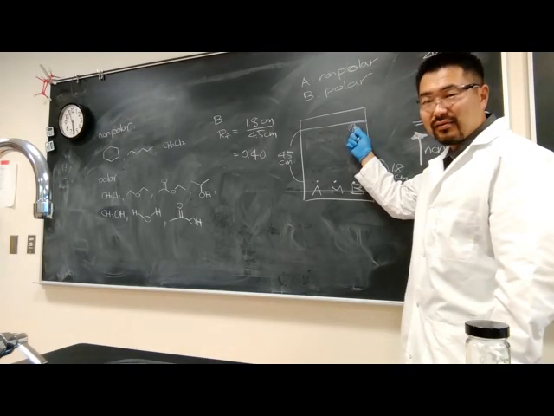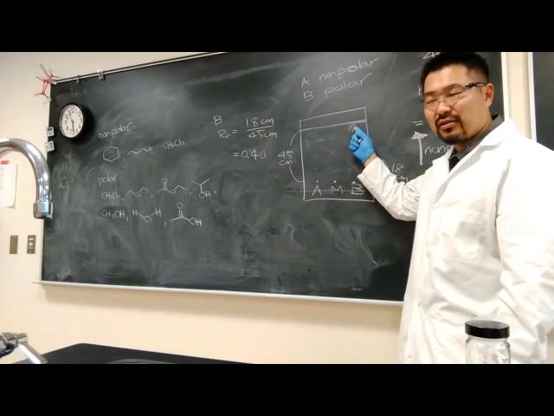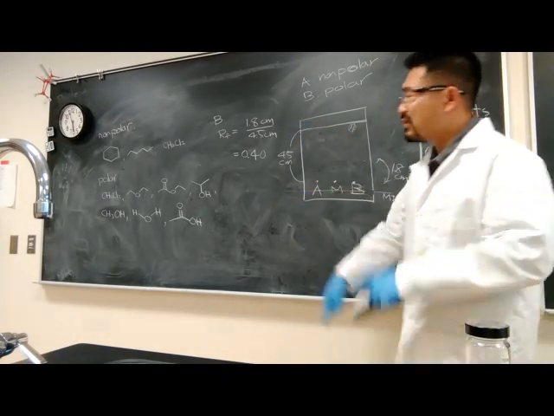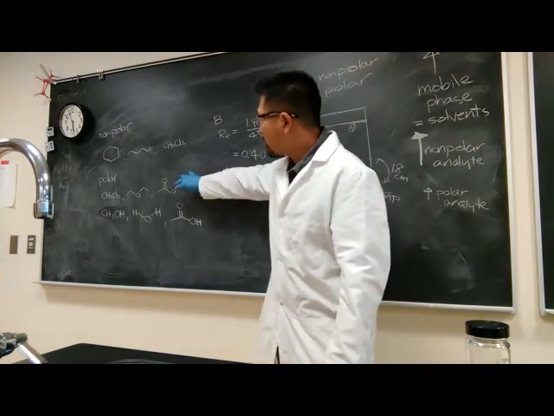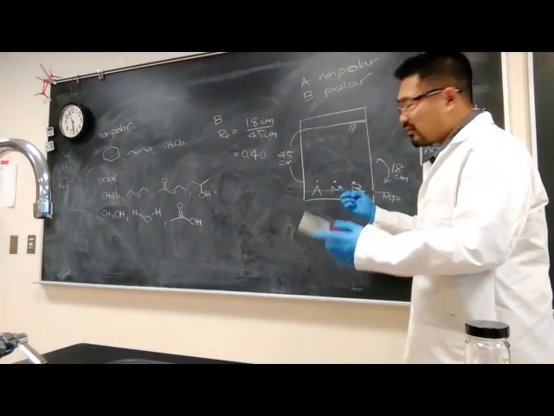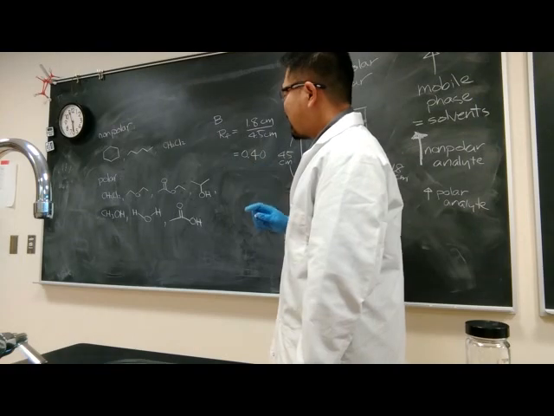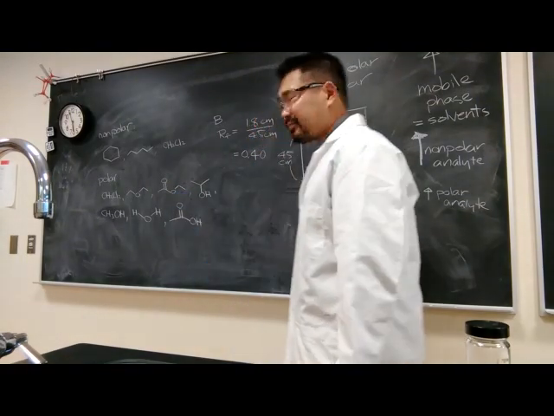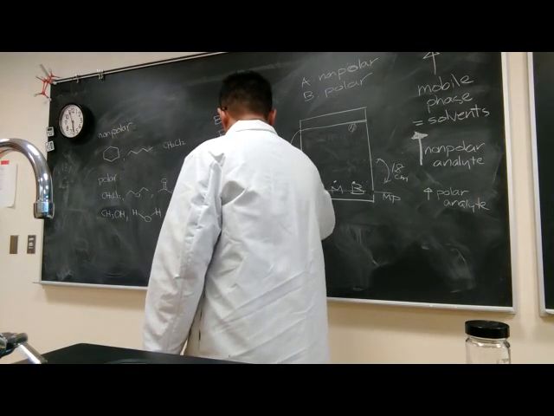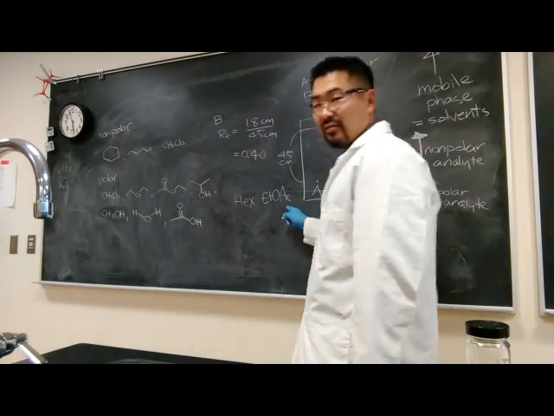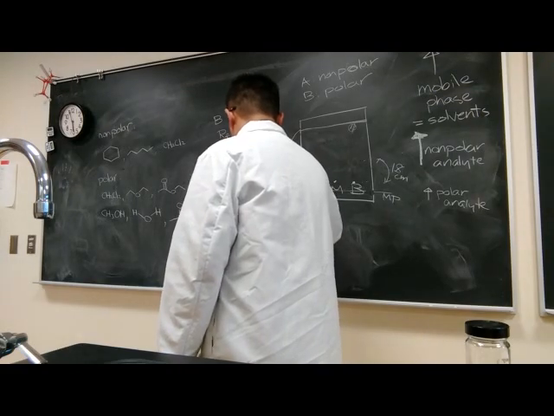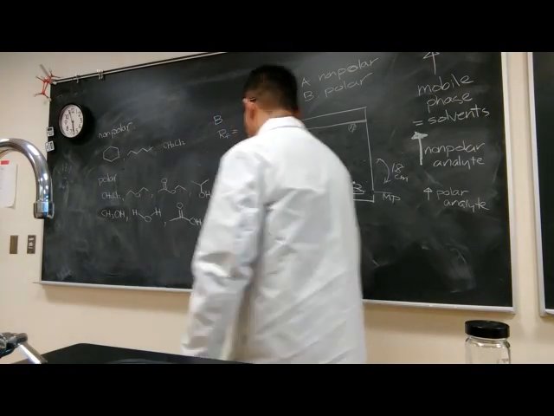So if this happens to you, if things move too fast, you will want to decrease the polarity of your mobile phase. And if you're using a combination of nonpolar and polar solvents, that'll be easy to do because you just have to decrease the ratio of polar solvent in your mobile phase mixture. So for example, if you're using hexane and say ethyl acetate, and let's say that ratio was hexane to ethyl acetate, 2 to 1.